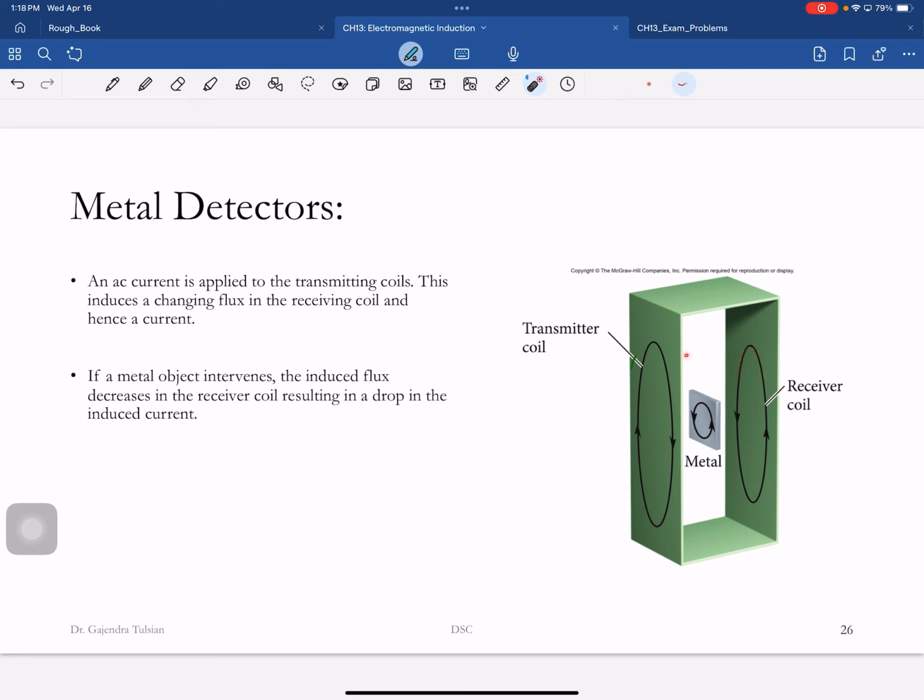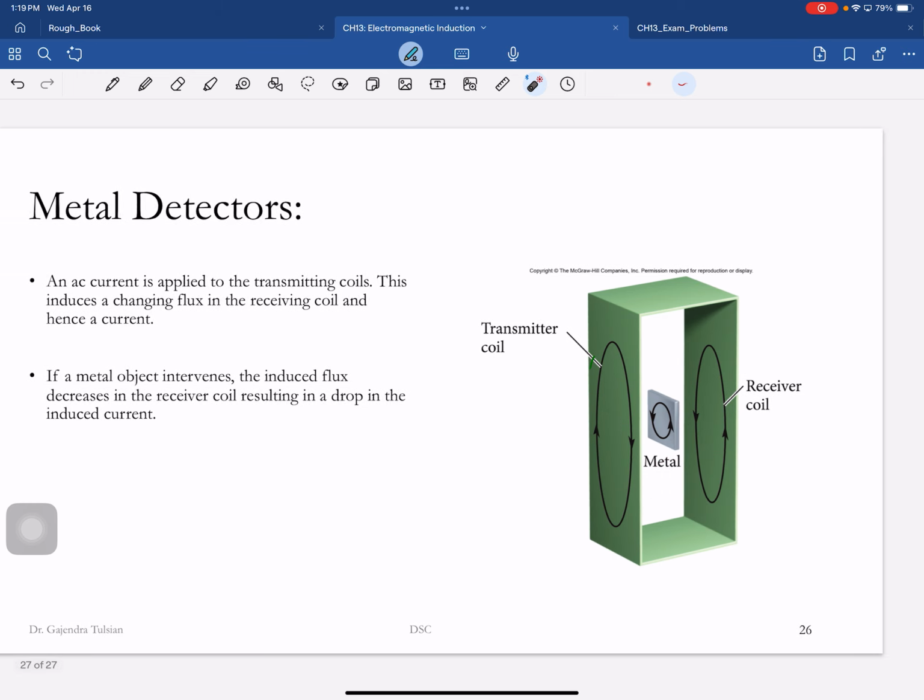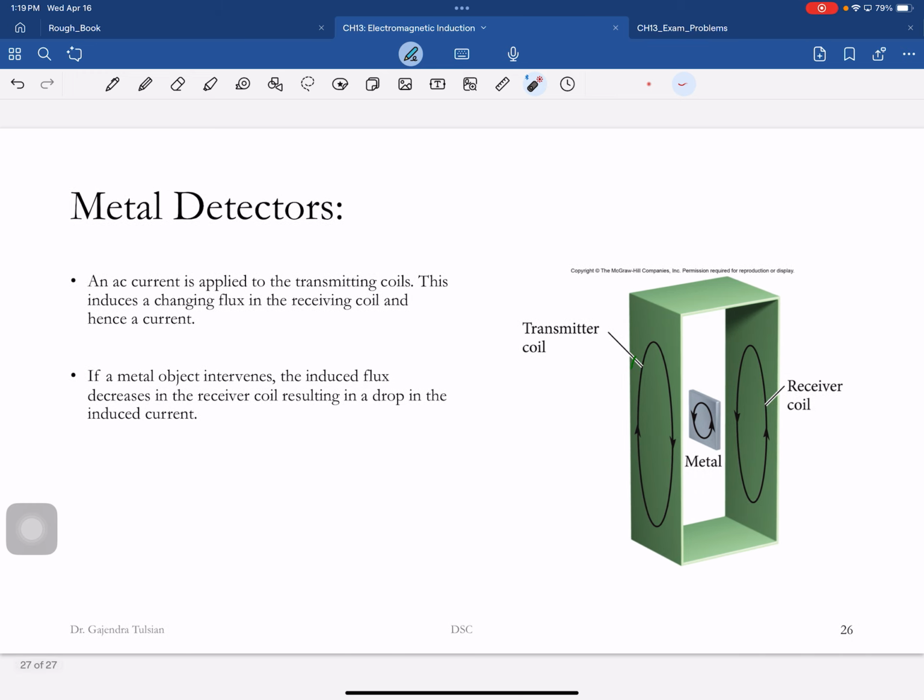Now, as soon as a piece of metal intervenes, this metal will produce a field in the opposite direction, which reduces the field through the receiving coil, and the induced current in this receiving coil decreases. And that's how you tell if a metal passed. So that's how those things work.